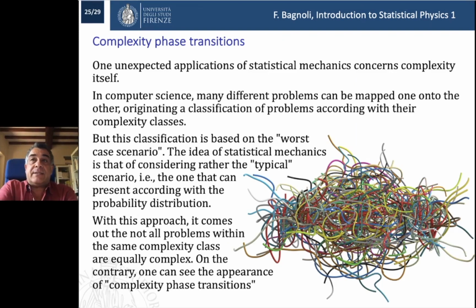Statistical mechanics and related methods can also be used to deal with a completely different problem. One of the most interesting ones is complexity. Complexity in computer science is defined in several ways, but essentially one can take, for instance, the time required to solve a problem, and generally it is understood as in the worst case.